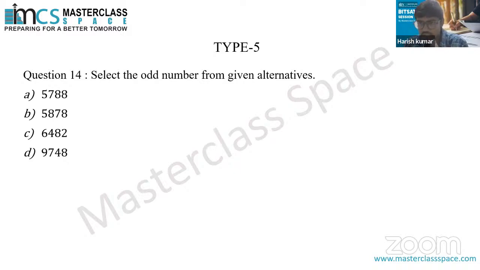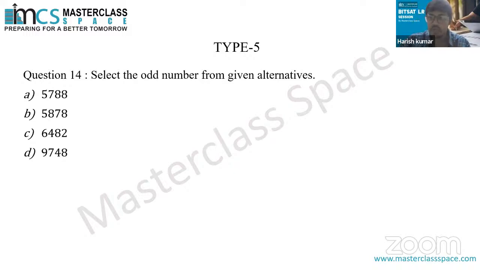As soon as you see these sort of options, first try adding and subtracting the digits. Either add the entire digits, or add the first two digits and subtract the sum of the second two digits from that. Mostly, 99% of the times, the logic will be based on addition and subtraction of the digits.